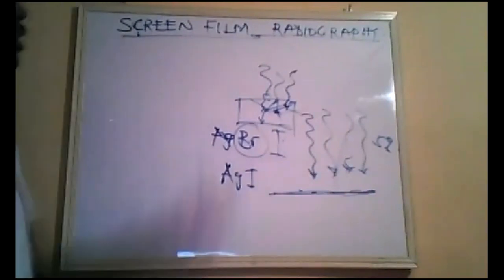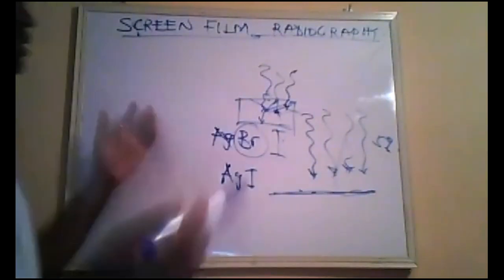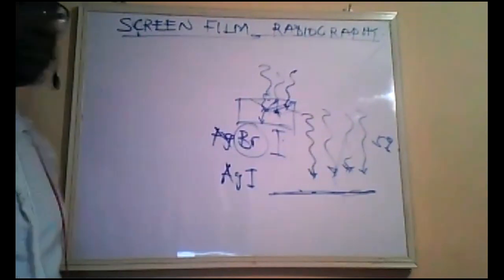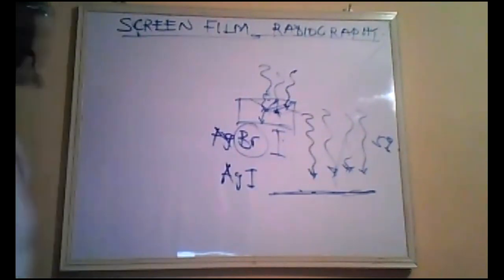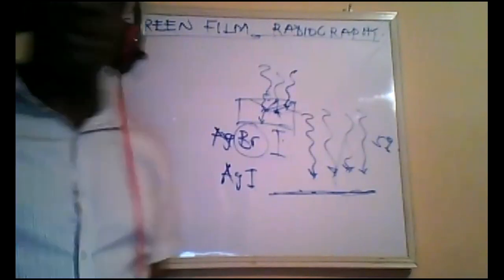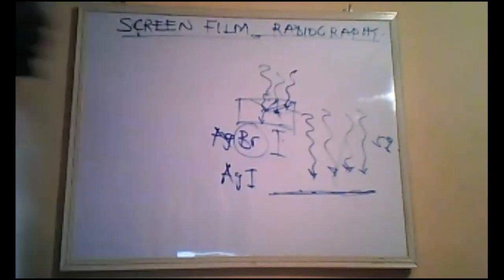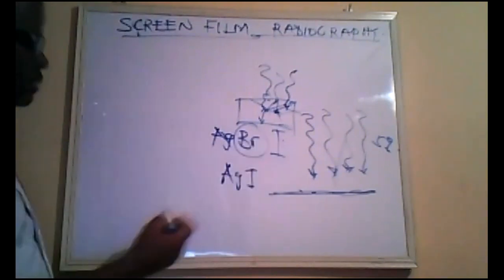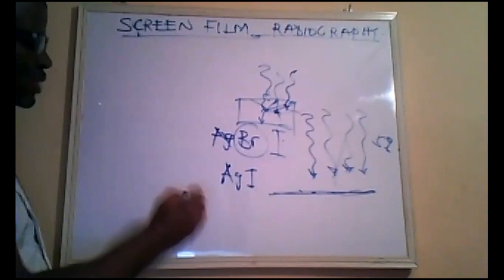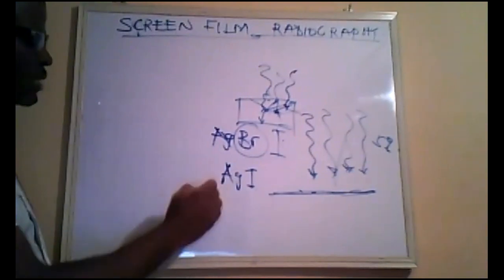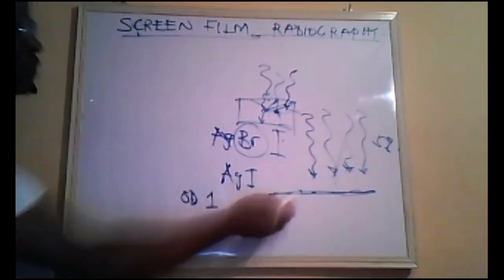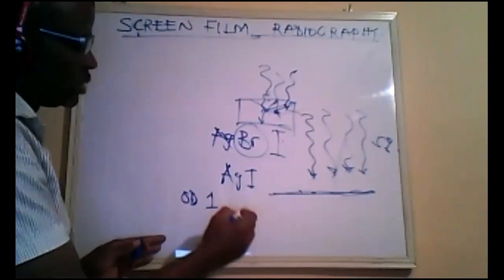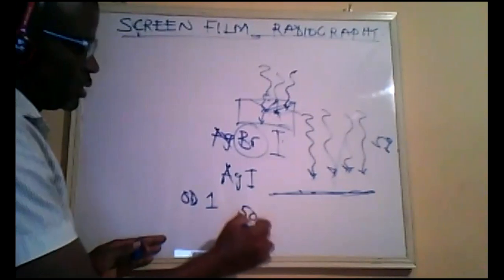So with the introduction of a screen in radiography, we have the opportunity of using a little amount of exposure. For example, if we want an optical density of 1, which we will get to know later, with film alone we might need up to maybe 50 milliröntgen.